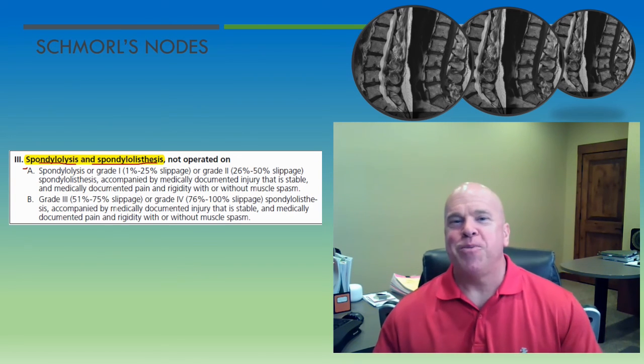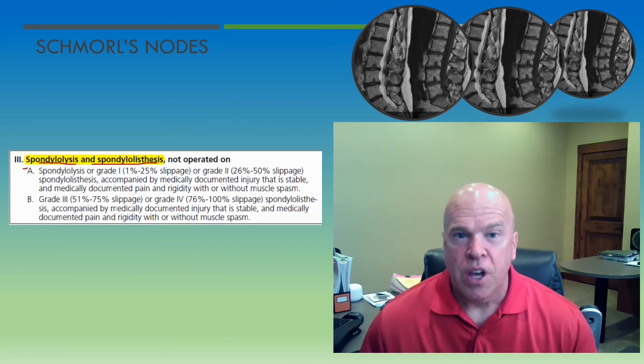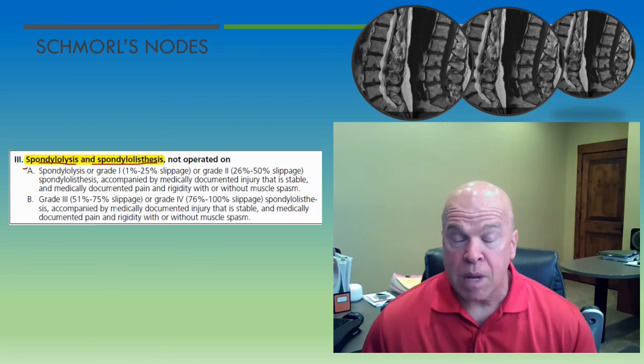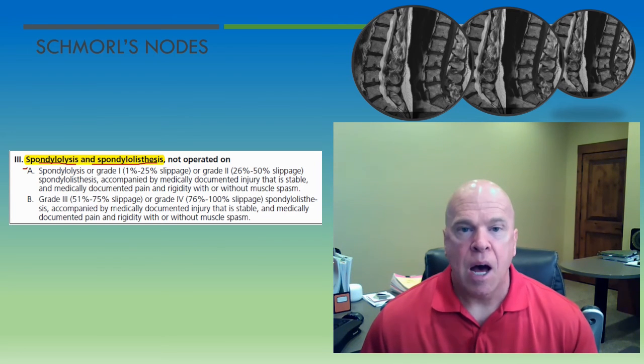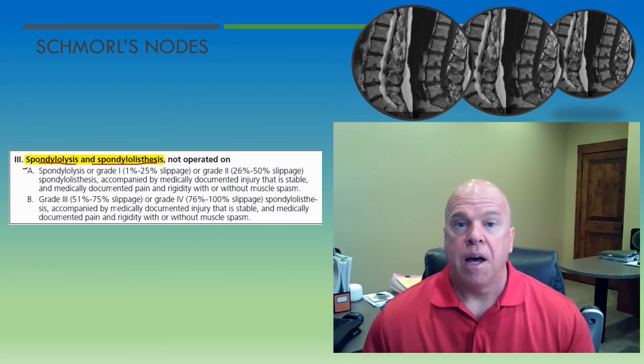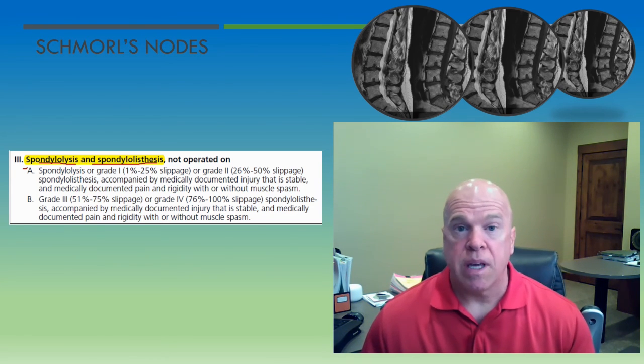So doctors, I hope this helps you. Isn't this a fascinating discussion? You're going to encounter examinees who present to you with many types of anomalies of the spine. Many findings of the spine are going to confront you as you examine spine injury cases.